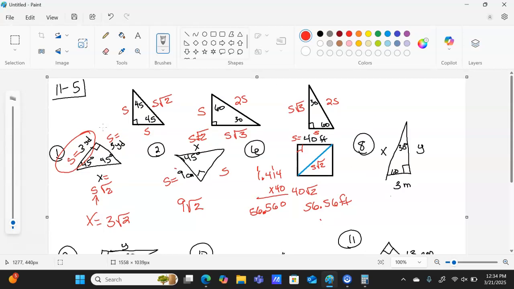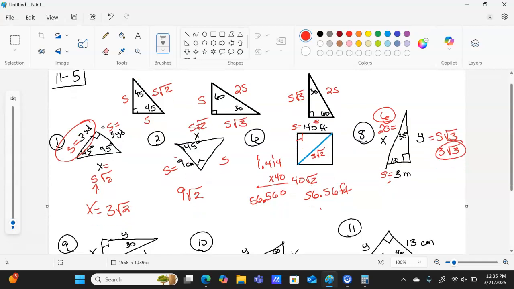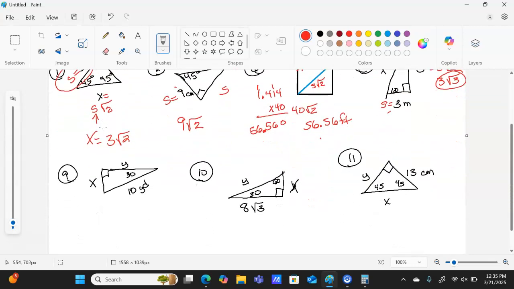When you hit 8, 9, and 10, you hit a 30, 60, 90 triangle, which here are our ratios. Across from the 30 is the s. The hypotenuse is 2s. And this is s square root of 3. So s is 3. So that means this is 3 square root of 3. And this is 2 times 3, which would be 6. Over here, we fill in our sides. Across from our 30 is my s.